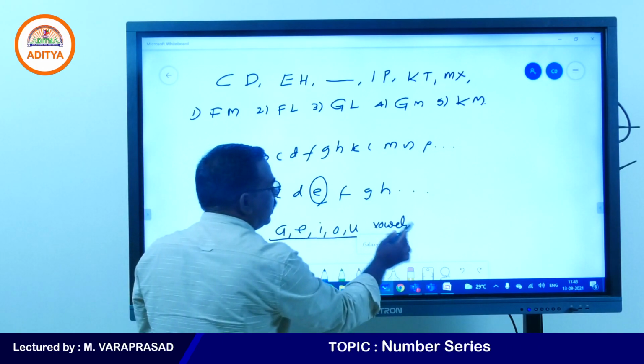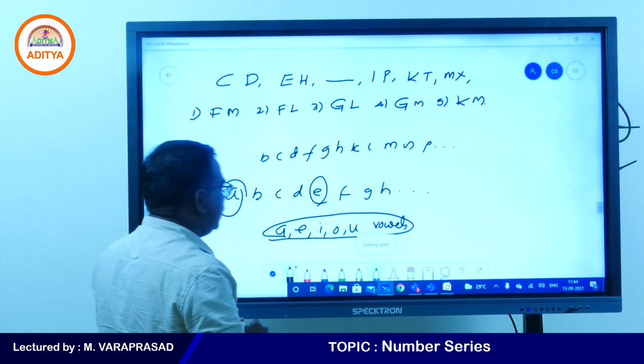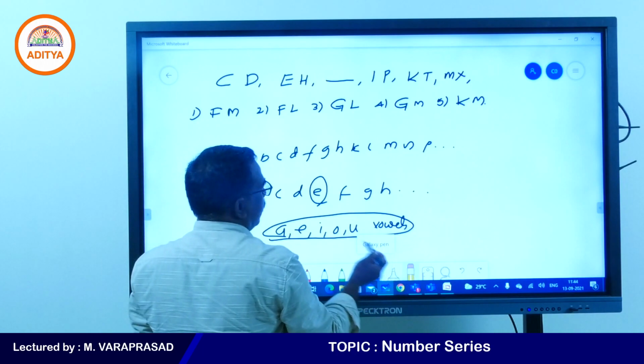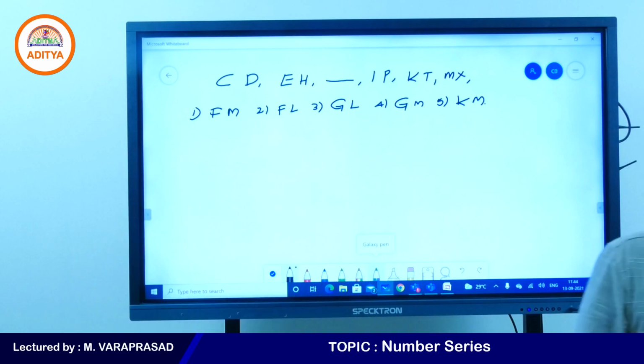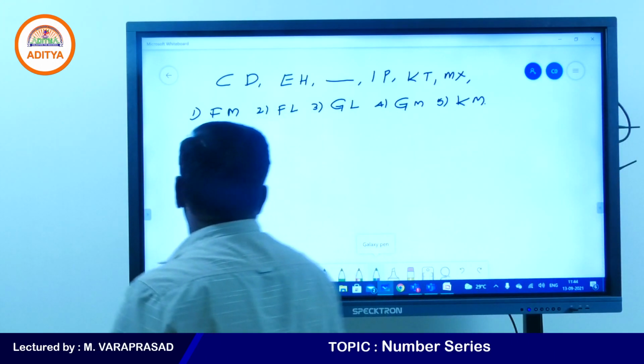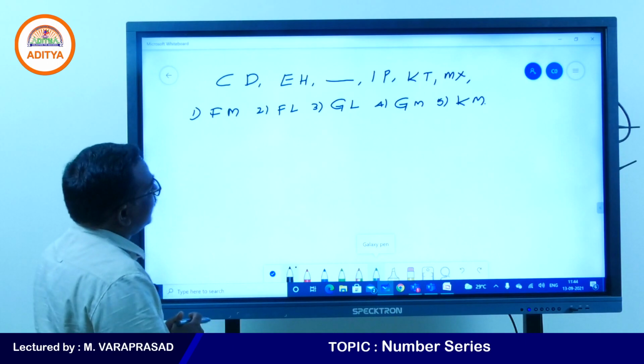Except these 5, all remaining letters are called consonants. Yes, my students? What is the first letters pattern and what is the second letters pattern?